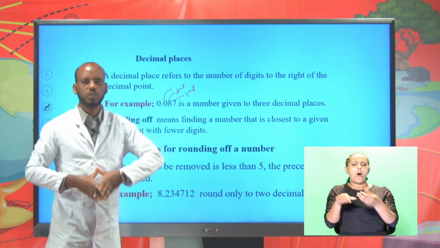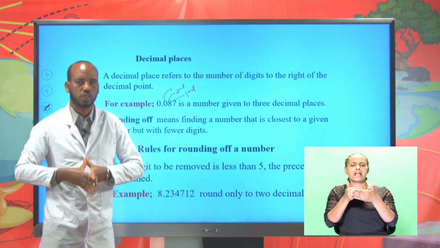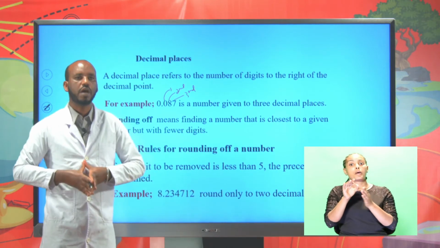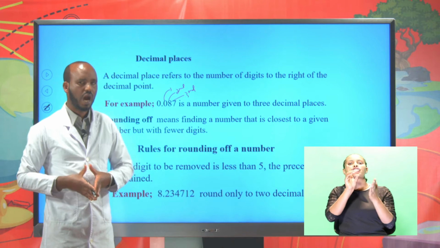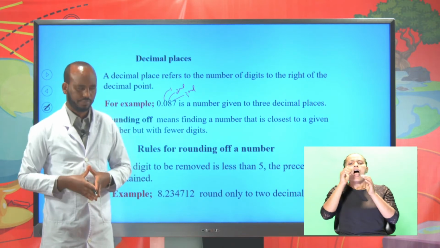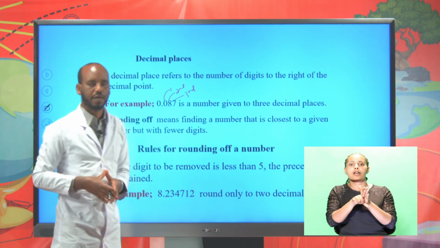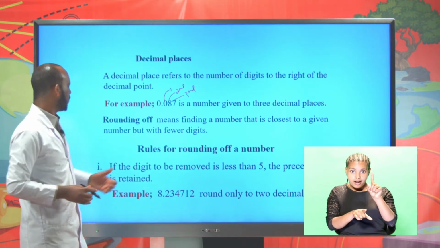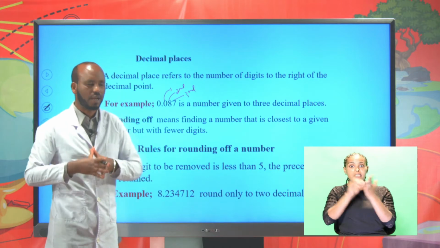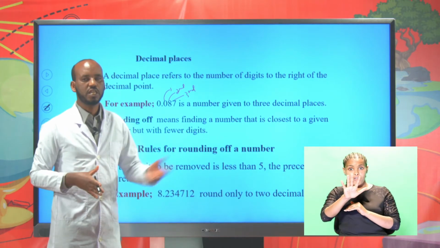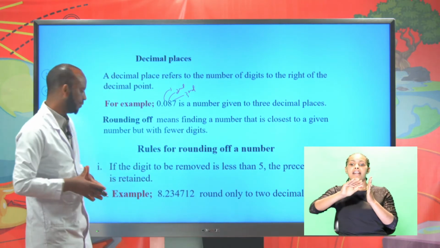Rounding off means finding a number that is closest to a given number but with fewer digits. How can we round off a number? Rules for rounding off a number. Rule 1. If the digit to be removed is less than 5, the preceding digit is retained.